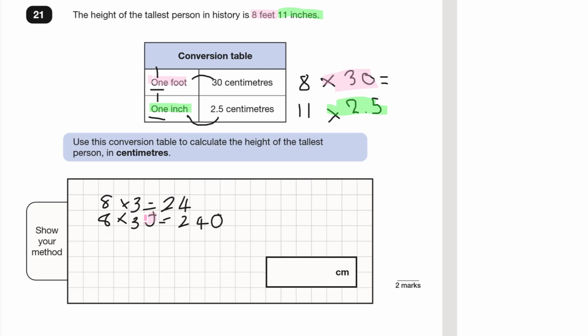It's just 10 times bigger. So 8 feet is 240 centimetres.